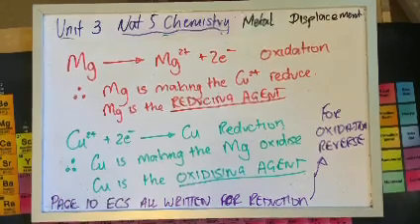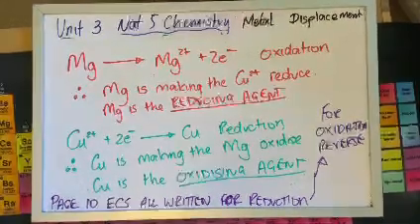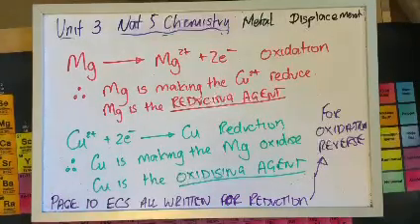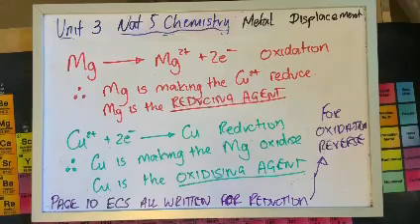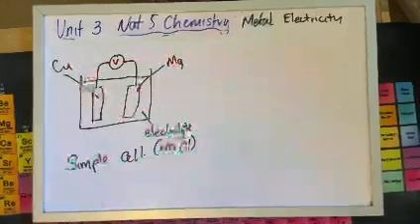So rather than copper ion picking up 2 electrons to become a copper atom, you would write it the other way around: a copper atom losing 2 electrons to become a copper ion. The thing to think about is that non-metal ions, if you remember, gain electrons. So when you're looking at non-metal ions, they're going to be losing electrons to become atoms rather than gaining.